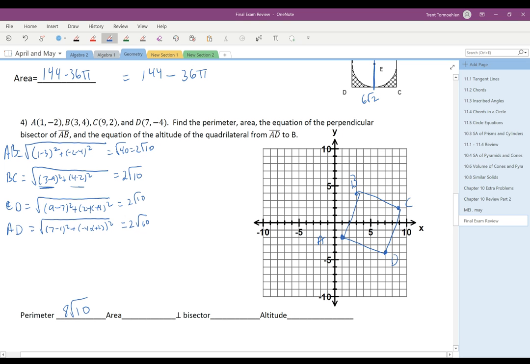Okay, to find area, well, you can't use that to find area. Your area isn't necessarily going to be side squared, because we don't know if this is a square or not. To find area, you can do a couple different things. But one of the things that you can do is to use the shoelace theorem.